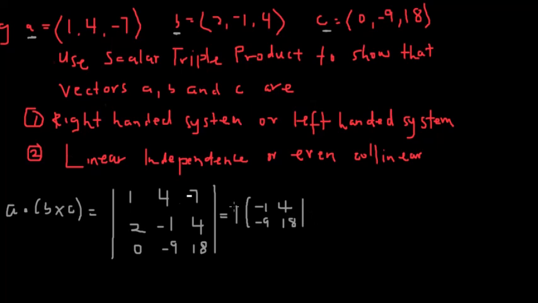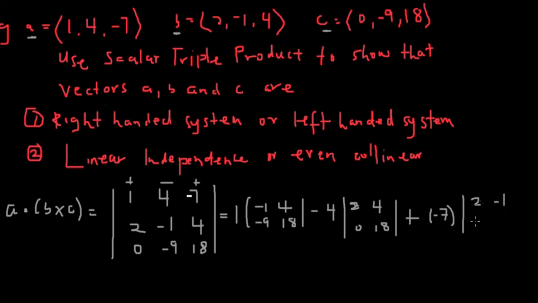Remember that we have positive, negative, positive, so we have minus 4, 2, 4, and then 0, 18, and then plus negative 7, then we have 2, minus 1, 0, minus 9.